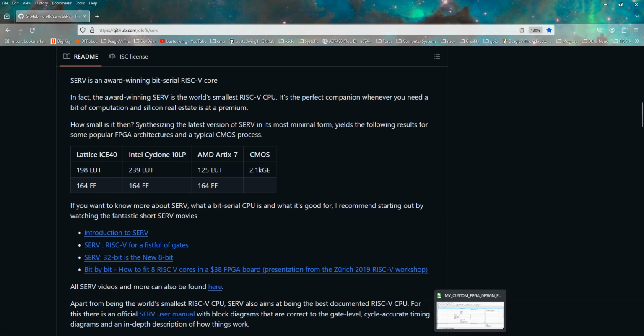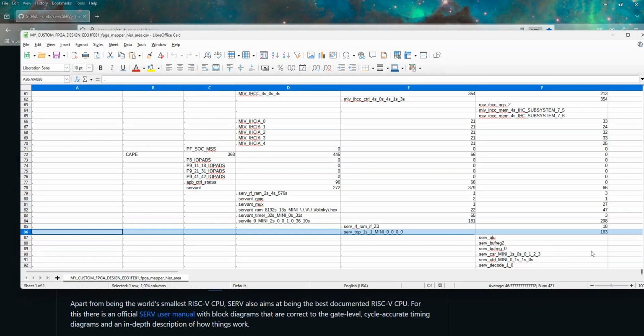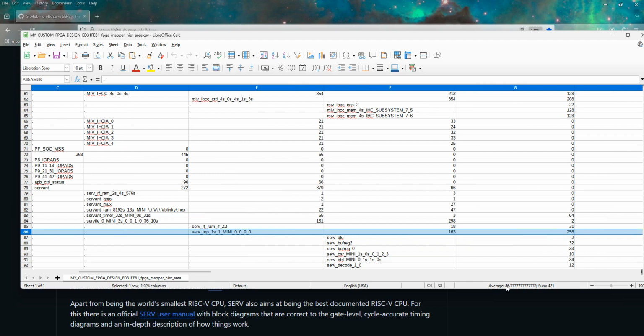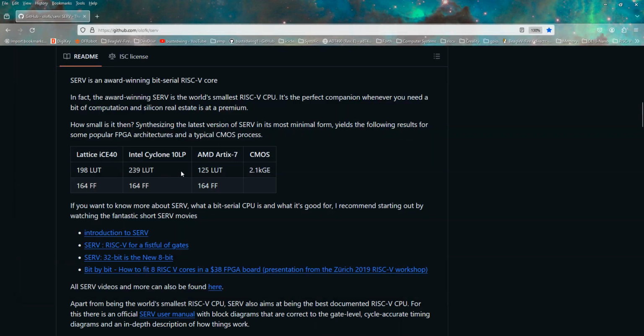That looks awfully familiar, 164, and then the number of resources ranges up to 239. And if we go back to here, we've got 163. Somehow I used one less flip-flop. I don't know how. And 256. If we go back to the web page, 256. So we're kind of on the high end as far as the other resources go, but the flip-flops come in about right.